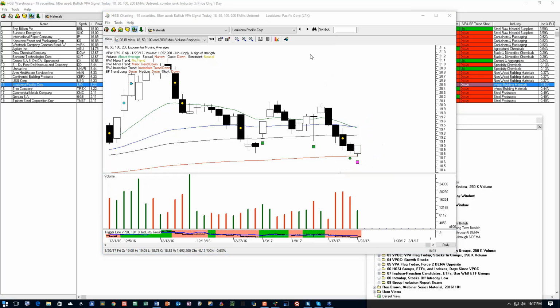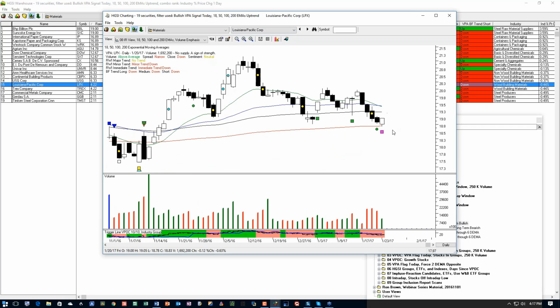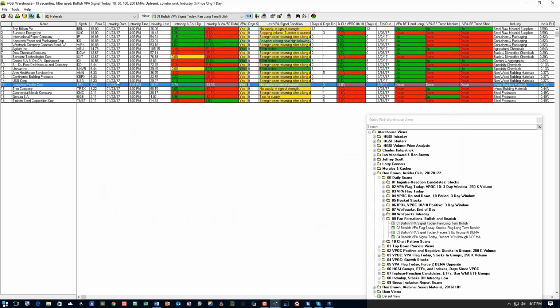But this stock has had one, two, three, four lower lows. The trend is down at this point, as you can see. In my opinion, it came down to the 200 and it's finding support at the 200, but it will not show up through this screen tonight. The only reason it's showing up is because this is Friday's data. Okay? Any questions about that?